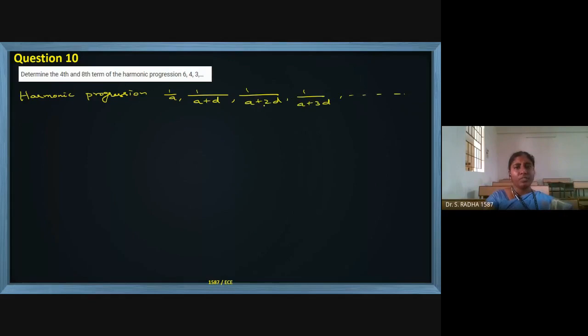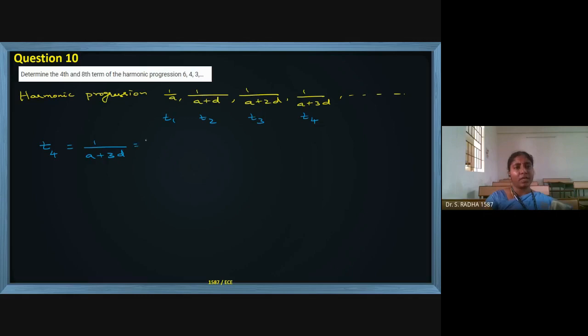This is the first term, second term, third term, fourth term. Fourth term is 1 by A plus 3D. 3D means n minus 1 into D. So A plus n minus 1 into D will be in the denominator.